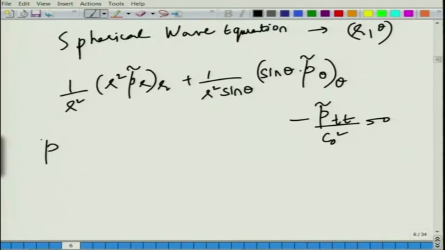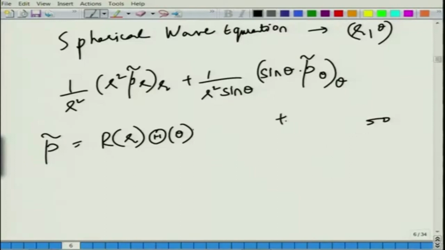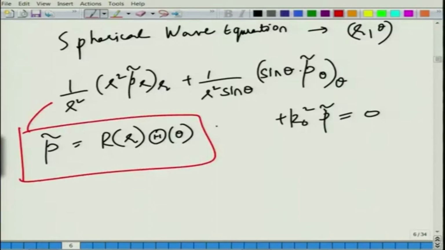Once we put p tilde equal to some function of r, capital R, times theta, capital theta, which is a function of theta, we can straight away simplify things by insisting on time harmonicity. So we get this. Once we substitute this in the above equation, what do we hope to get?